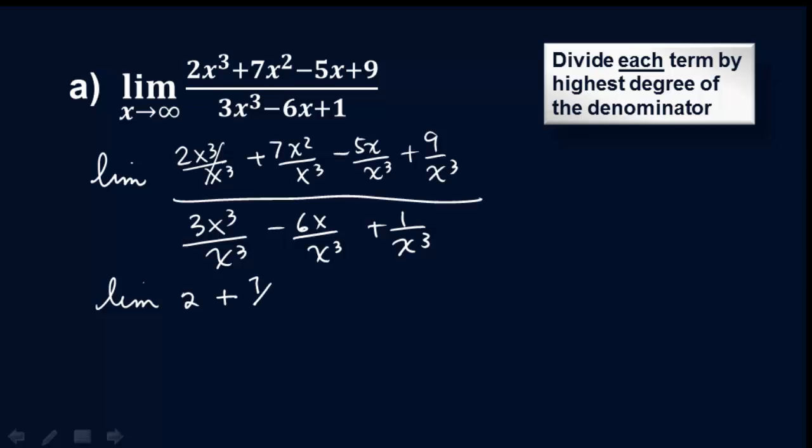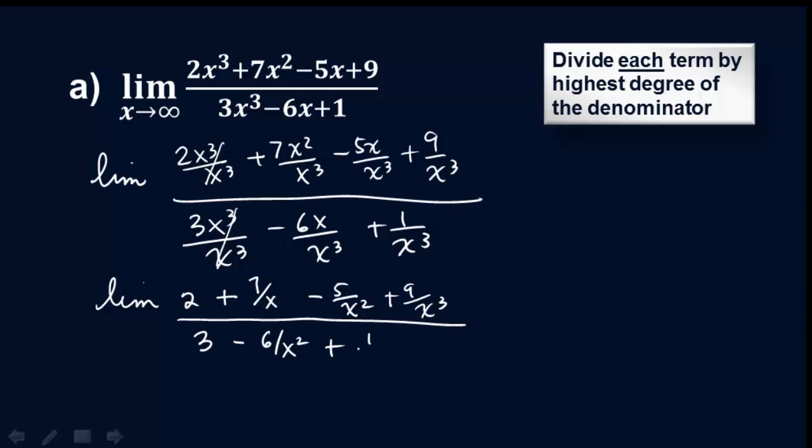That's 7 over x minus 5 over x squared, and there's nothing much we can do. That's still 9 over x cubed. Whole thing will be divided by, well, that knocks out everything, so that's 3 minus 6 over x squared plus 1 over x cubed. Nothing much to do there.